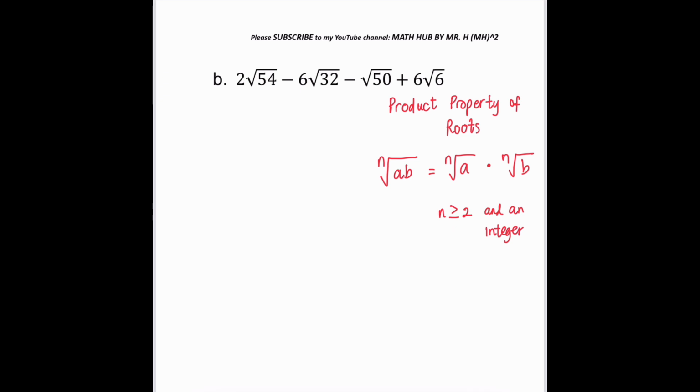This is what the product property of roots is. Notice that nth root of a times b was split into two different factors. The first factor is the nth root of a, and the second factor is the nth root of b. This property of roots will be applied here.